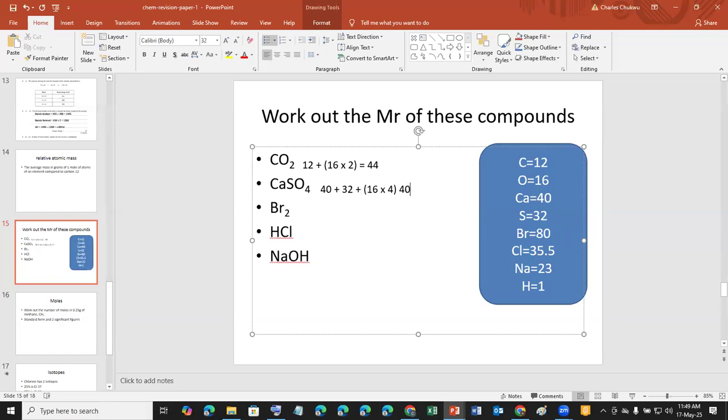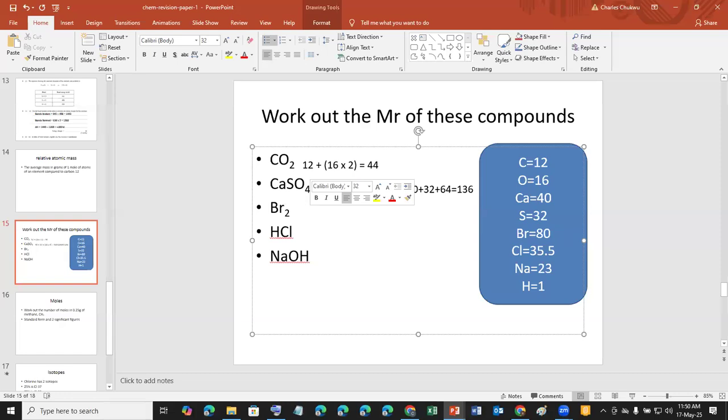So that's 40 plus 32 plus 64. And that will give us what as the final answer? 0 plus 2 plus 4 is 6, 4 plus 3 is 7, plus 6 is 13. So that's 136 for this.